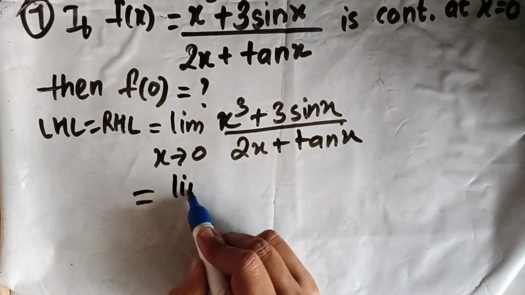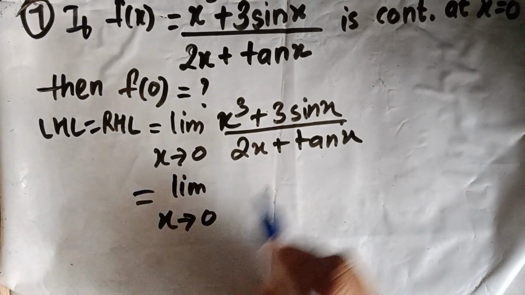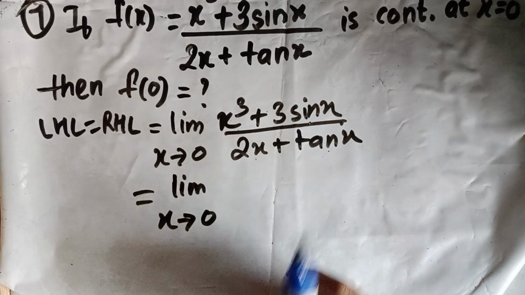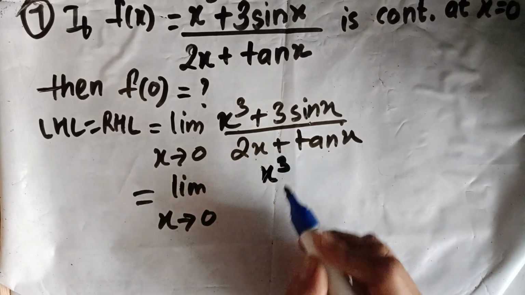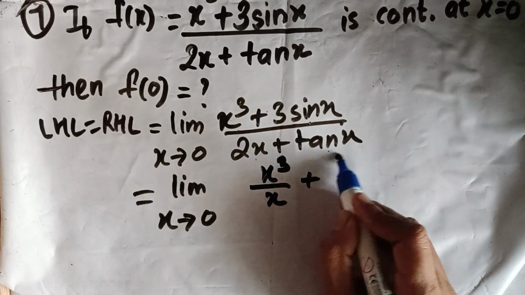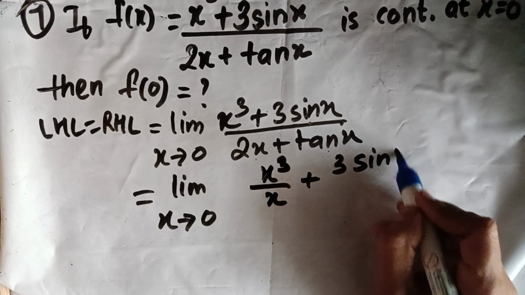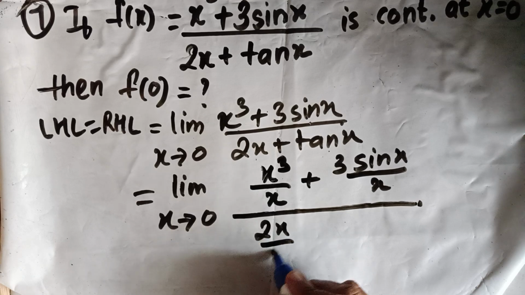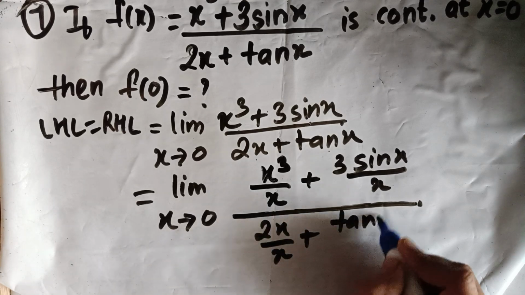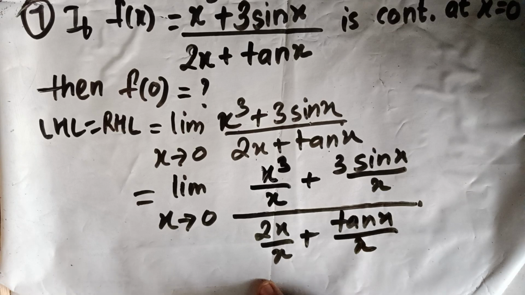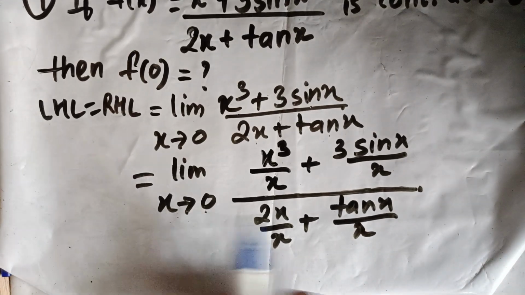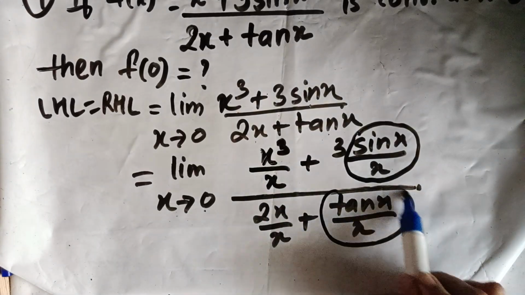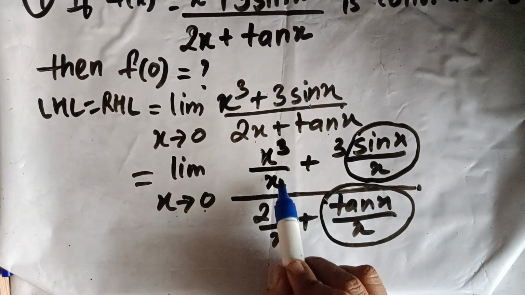Can we use limit formulas here? Yes, right? So limit as x tends to 0, I'll divide by x in the numerator and also in the denominator. So that I'll get x cube upon x plus 3 sin x upon x, 2x upon x plus 10x upon x. Okay. As x tends to 0, sin x upon x becomes 1, 10x upon x becomes 1. Okay.